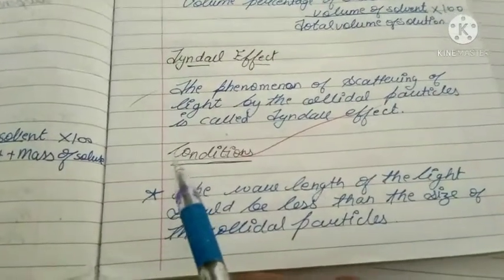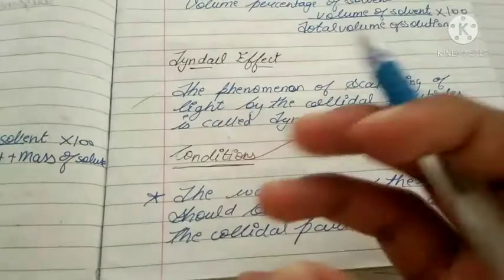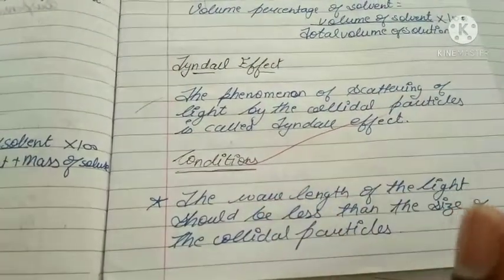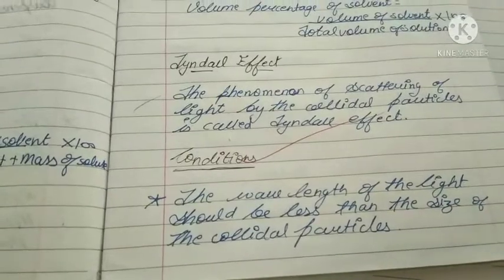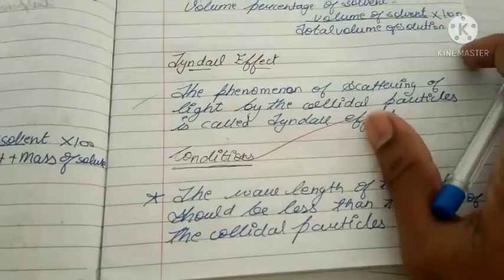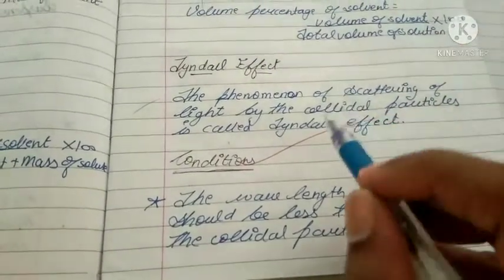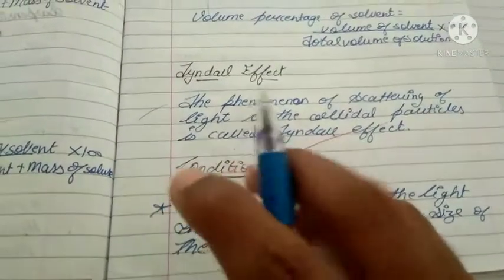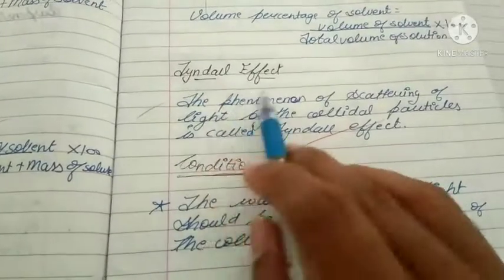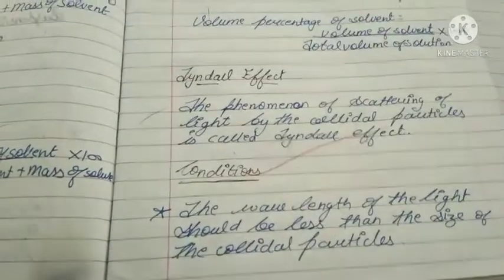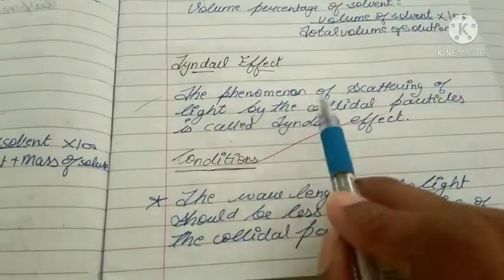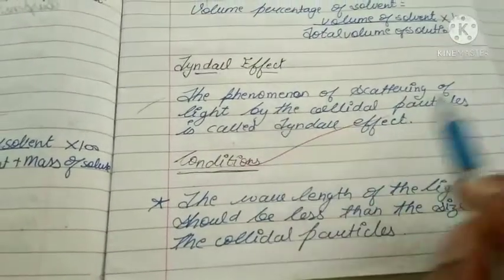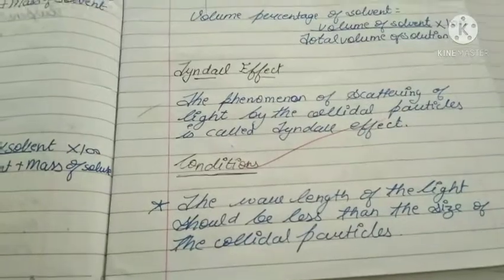That means when light falls on colloidal particles, immediately splitting takes place. That is called scattering. That phenomenon is called Tyndall effect. So what is the definition, students? The phenomenon of scattering of light by the colloidal particles is called Tyndall effect.